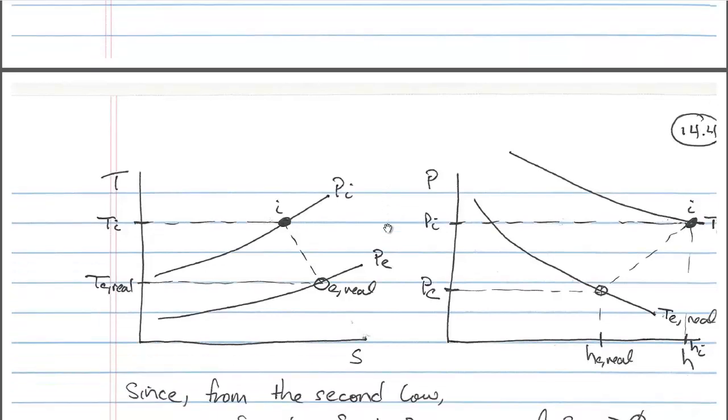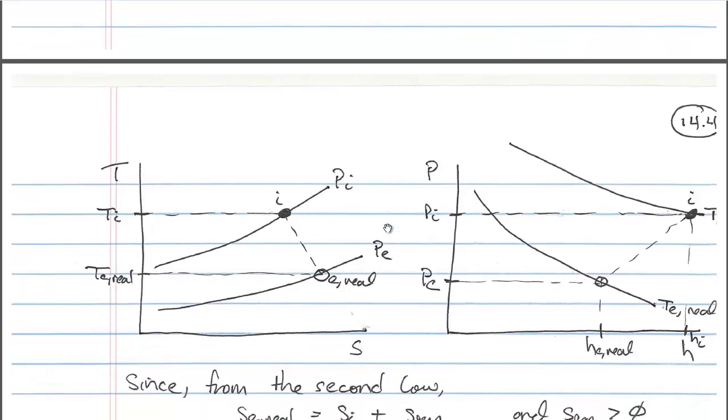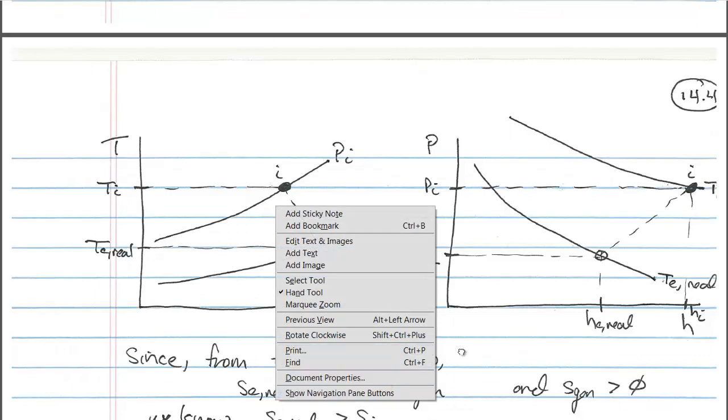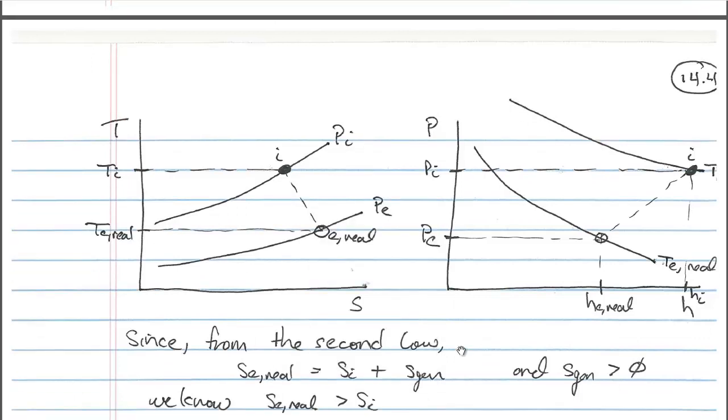So where is that exit state? Well, we know that the exit state is somewhere along this line of constant pressure, the exit pressure line. And remember, that exit pressure is fixed regardless of what the process is, whether it be a real process or an ideal process. So from the second law, we know that the exit entropy for the real turbine is going to be greater than the inlet entropy.